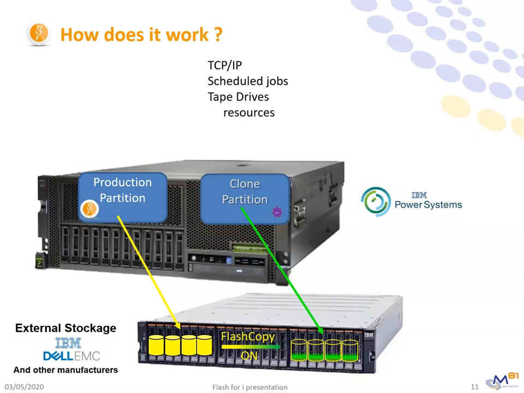Check the tape drives and tape library resources because they may change on this new partition. Don't call the usual startup program, so nothing from the production will start, etc. Now we have a clean partition with no jobs, no users, no locks, and all the production data available. We can start the backup.